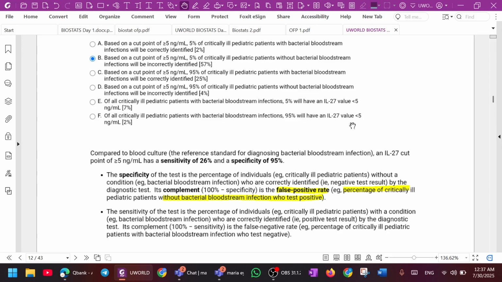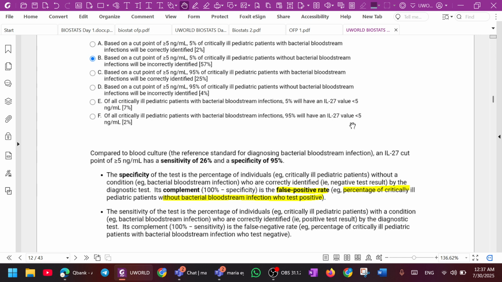So that's false negative, right? Yes, it's false negative, and they're telling you it's going to be 95%, but look here, you already calculated false negative is 74%, so this is not right.